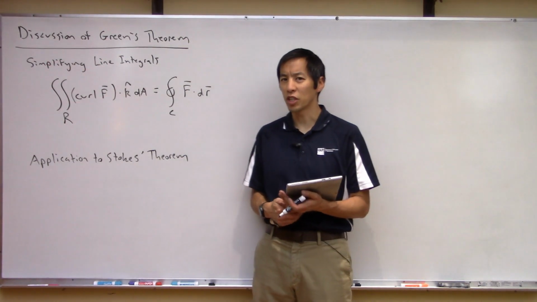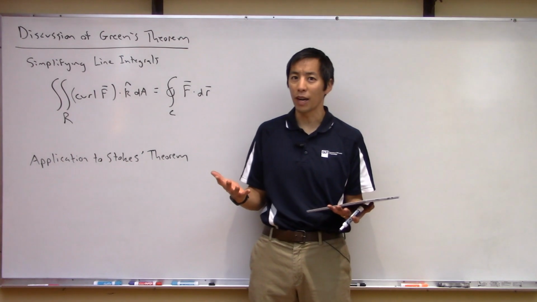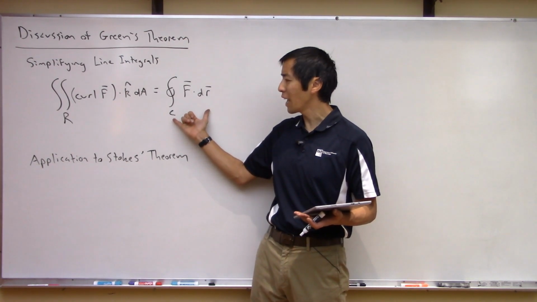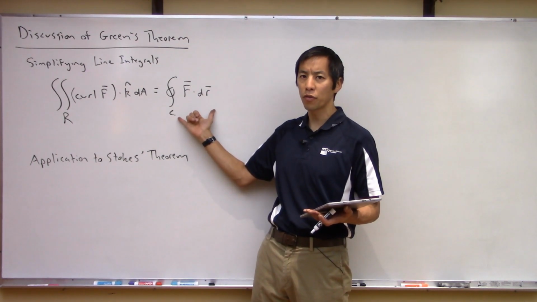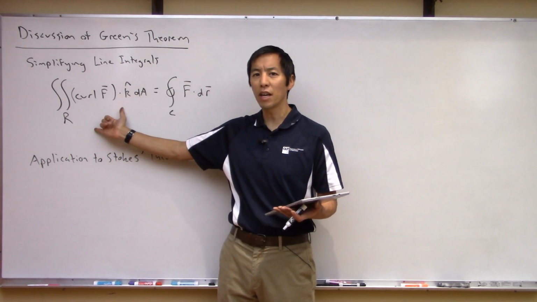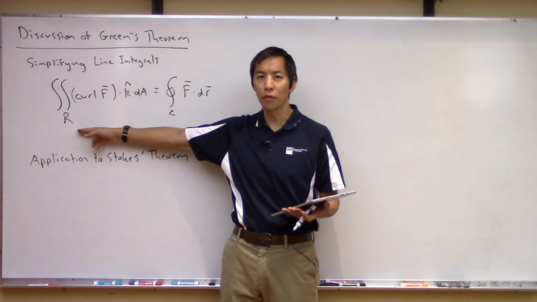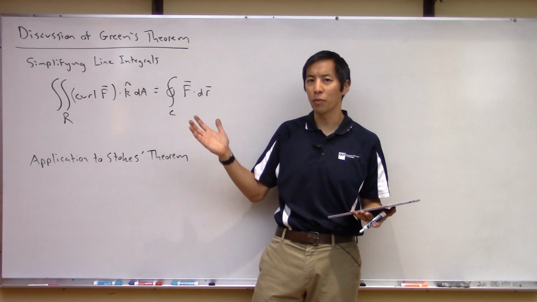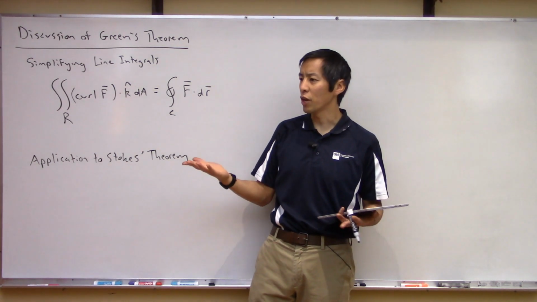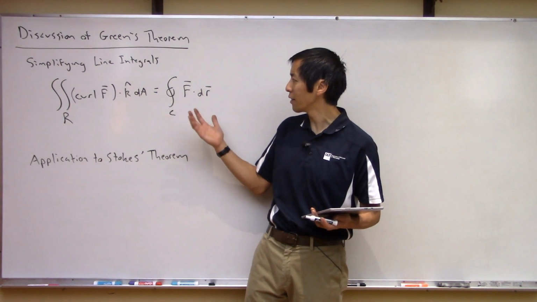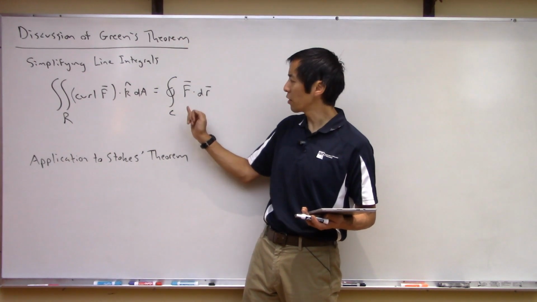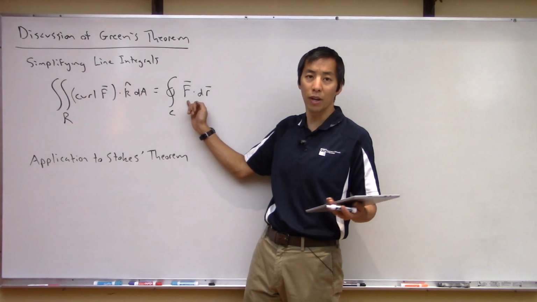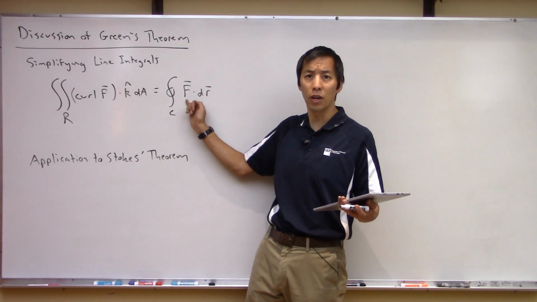That's a pretty good discussion, I think, for Green's theorem. So just to summarize, we saw that what Green's theorem is really doing is allowing us to relate a line integral over a curved surface C to basically a double integral over that equivalent region R. So one of the reasons why you might want to use Green's theorem is that if you have a vector field F, sometimes this line integral might be a little bit complicated because it's a line integral and this F could be somewhat tricky.